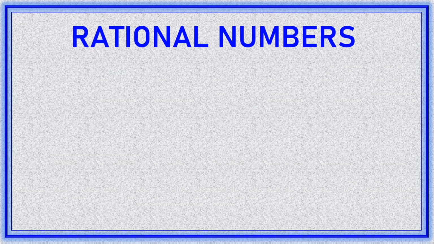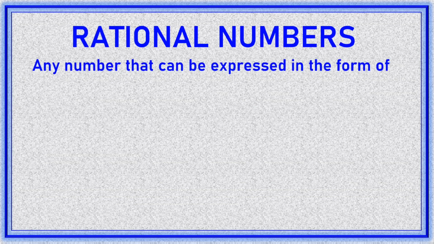Rational numbers: any number that can be expressed in the form of P by Q, where P and Q are integers. Z is nothing but either a positive integer or a negative integer. And one more condition, that Q should not be equal to 0.